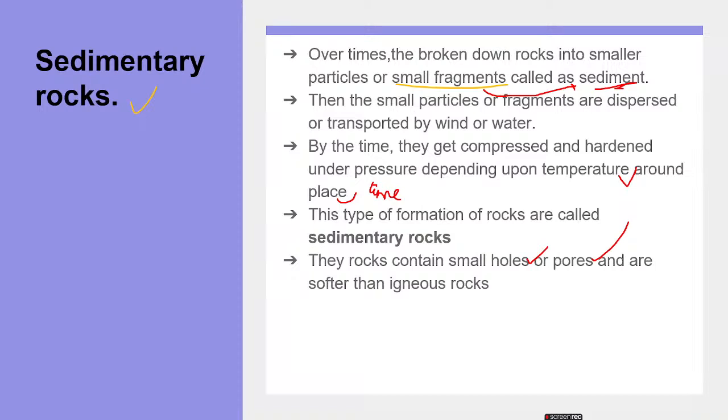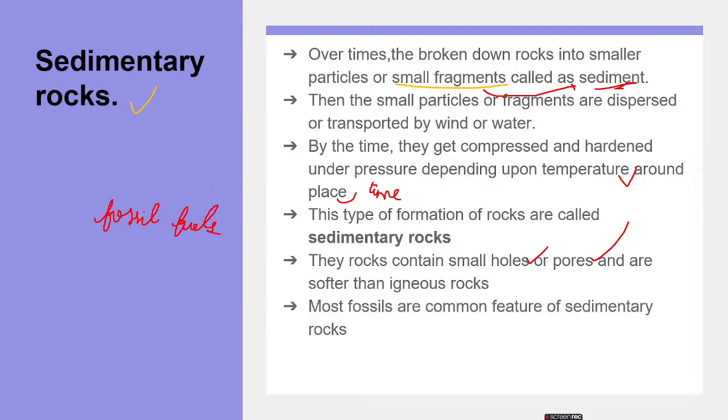But do you know anything else? Not only rocks, materials such as fossil fuels. I think you all know what fossil fuels are. Yes, the remains of dead living things. These fossil fuels are also examples of sedimentary rocks.